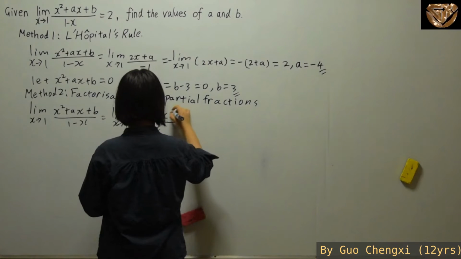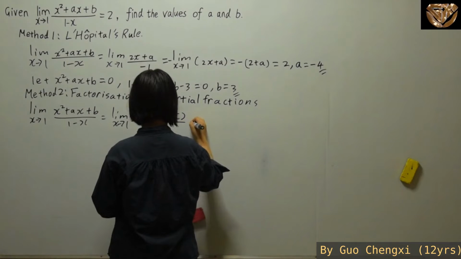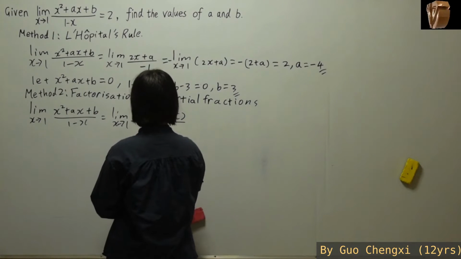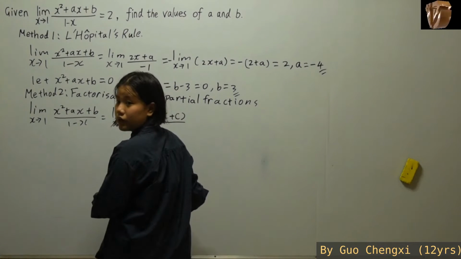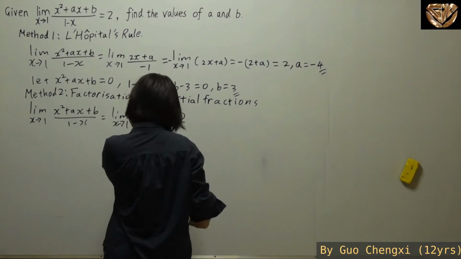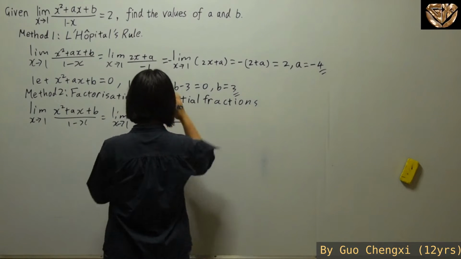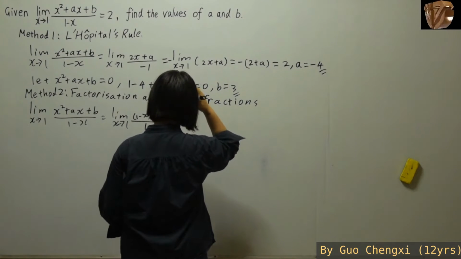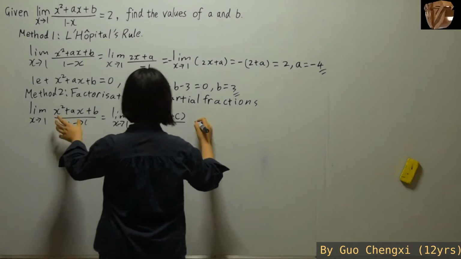Then after that, supposedly when you multiply these two together, you're going to get this part, right?